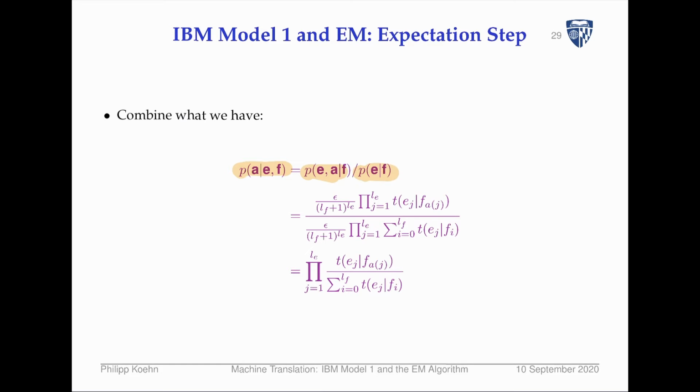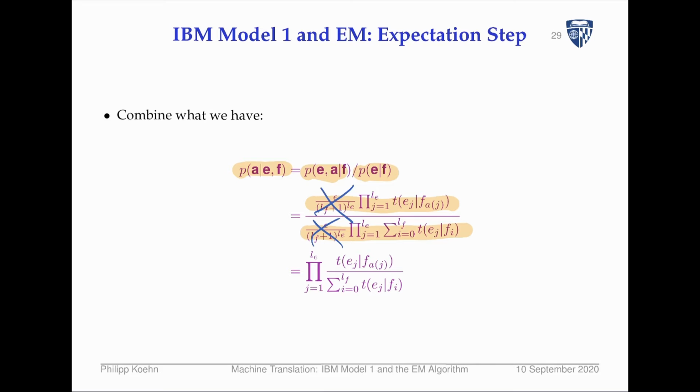We have now both of these formulas. Up here is IBM Model 1 in all its glory, and at the bottom is the formula we just derived, which has this product over sums. This here cancels itself out. So I said right from the beginning, we don't need to worry about it too much.